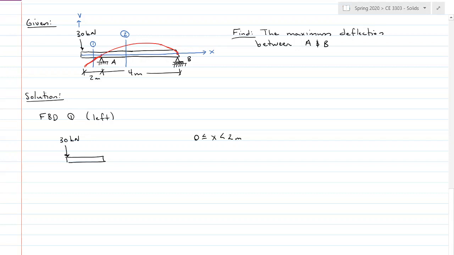Should I put units on there? I should. A is at 2 meters, so it's not going to be included on my free body diagram here. But my distance X is, and since I have two sections, I'm going to give these a subscript: shear 1, normal 1, moment 1.